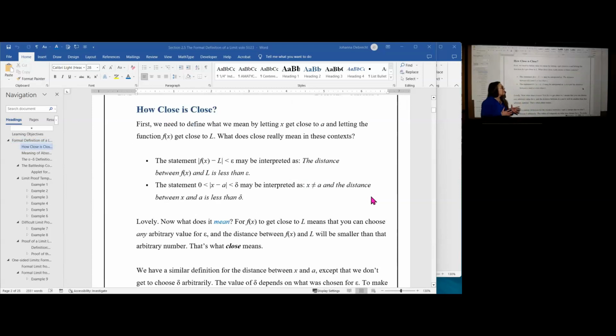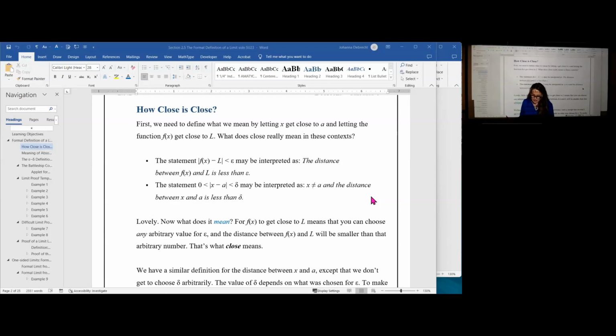We need to define what we mean by letting X get close to A, but not to A, and by letting the function y value get close to L. What does close really mean? If we take the statement f of x minus L and we put it into absolute values, then we're really talking about the distance between a y value on a function and the L value.